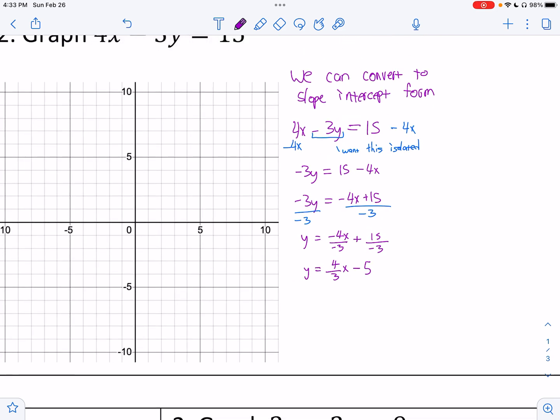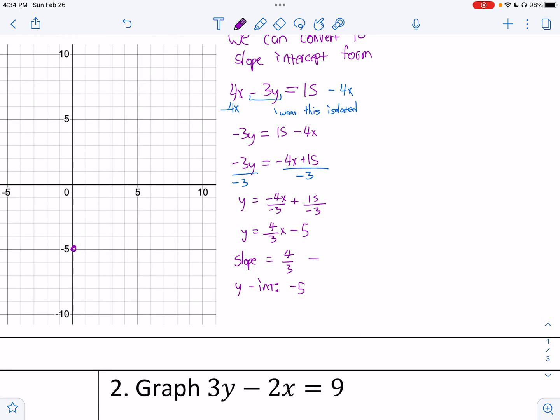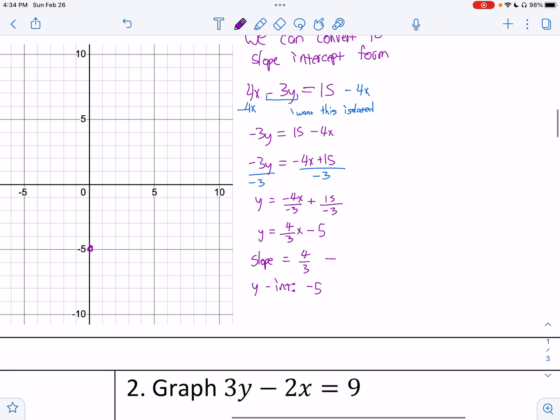And that's one way to graph this line. So this tells me that my slope is 4/3, and my y-intercept is negative 5. I can do this, and the slope tells me that y goes up by 4 when x goes up by 3.